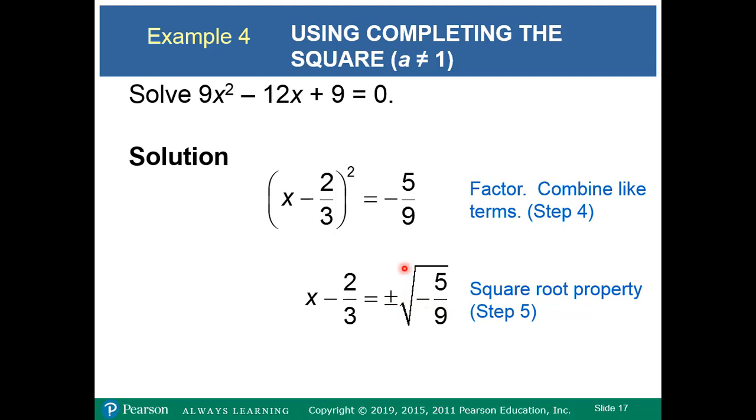So we can make this into 1/3 because this can be negative 5 times 1 over 9, which is a perfect square, and so we can get 2/3 plus or minus 1/3 i times the square root of 5.